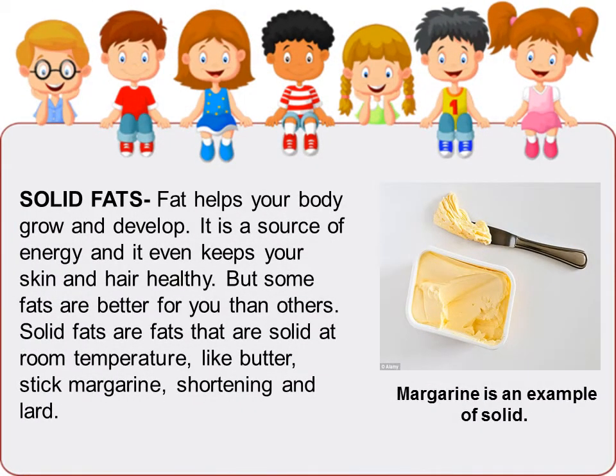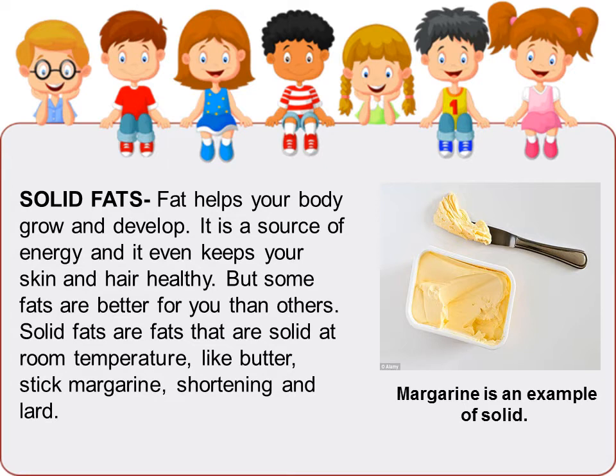Next, we have the solid fats. Fat helps your body grow and develop. It is a source of energy and it even keeps your skin and hair healthy. But some fats are better for you than others. Solid fats are fats that are solid at room temperature, like butter, stick margarine, shortening, and lard.